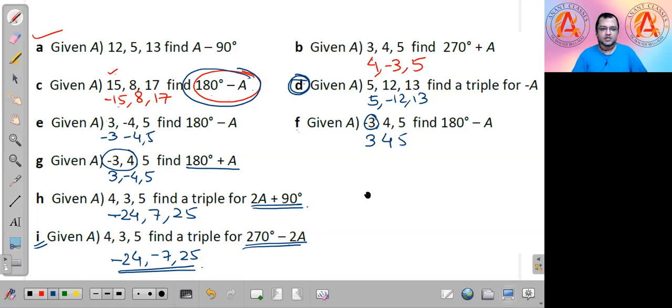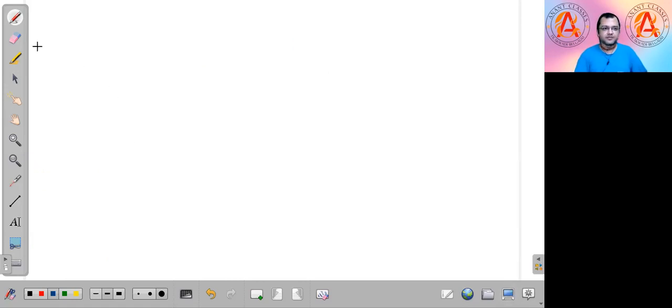Okay, so now we will see one more thing. This much is done. Now we come to 45 degree, 30 degree, 60 degree.